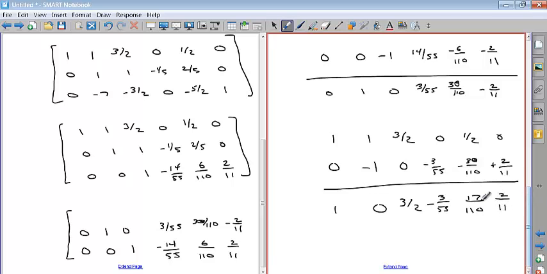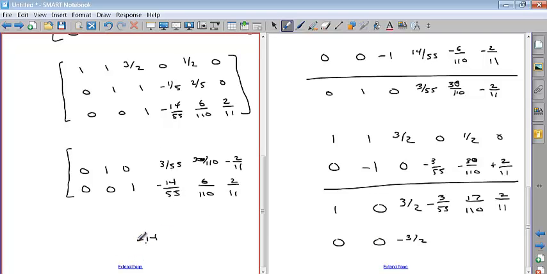But then what I do is I take the last row and I multiply the last row by negative 3 halves. So I get negative 3/2 times that. So then you get negative 14 over 55 times negative 3/2, which is going to be 3 times 4, that's going to be 42. 42 over 110.